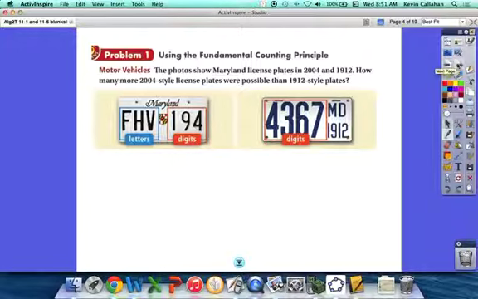Here, the example says, the photos show a Maryland license plate from 2004 on the left and 1912 on the right. How many more 2004 style license plates were possible than the 1912? Well, look at the one on this side here. There's 4 places for numbers.